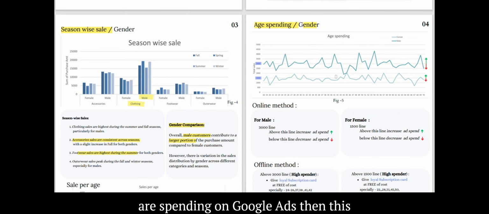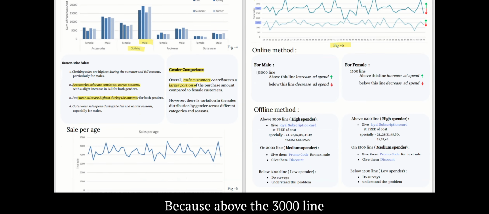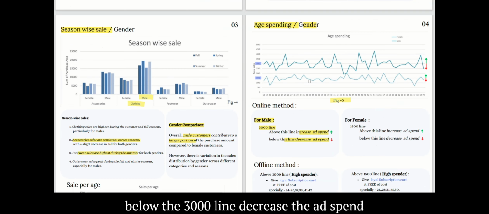If we are spending on Google Ads, then this chart will be very helpful to us, because above the 3000 line, increase the ad spend for the male, and below the 3000 line, decrease the ad spend.